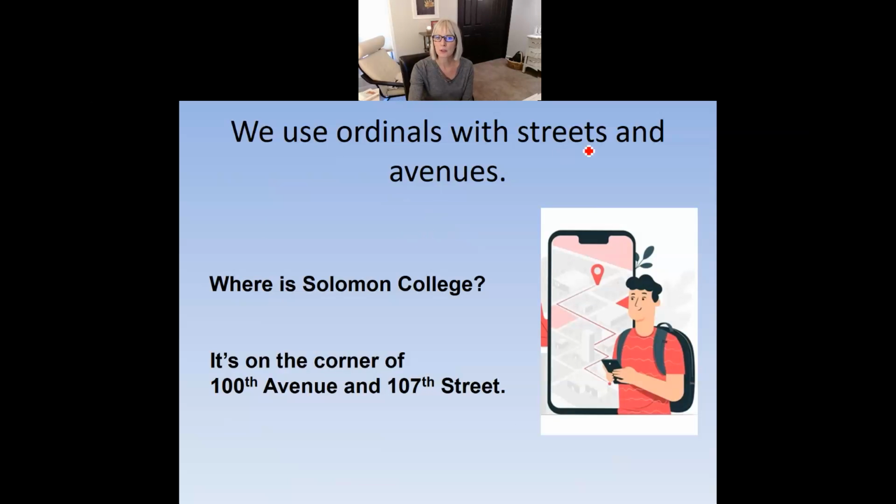We use ordinals with streets and avenues, with addresses. Where is Solomon College? It's on the corner of 100th Avenue and 107th Street.